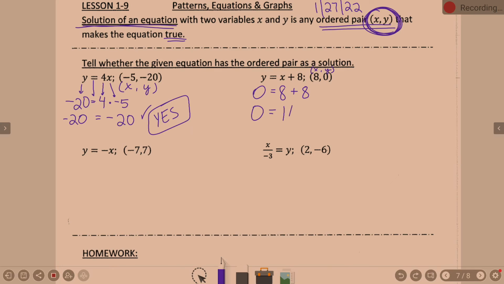Oh, 16. I didn't know she wanted the answer. Okay, 8 plus 8 is 16, so 0 does not equal 16. So is 8, 0 a solution? Nope. We all sat here like, seriously, guys? Come on.